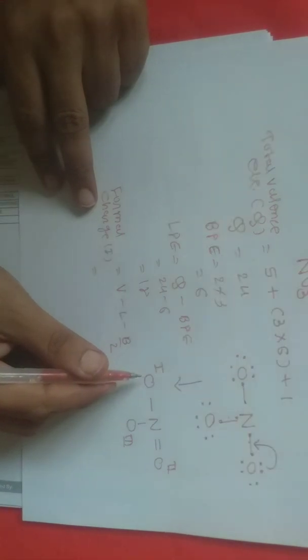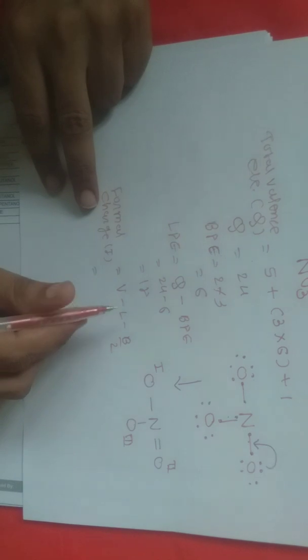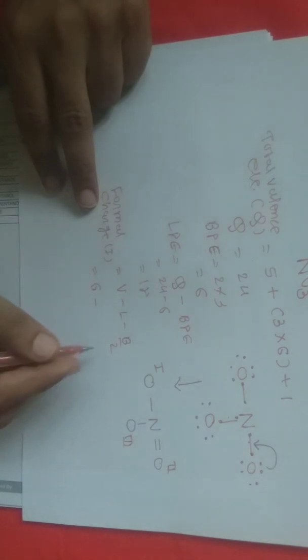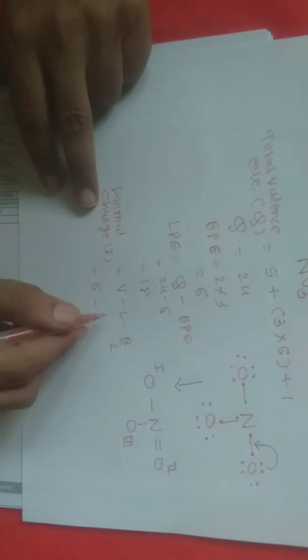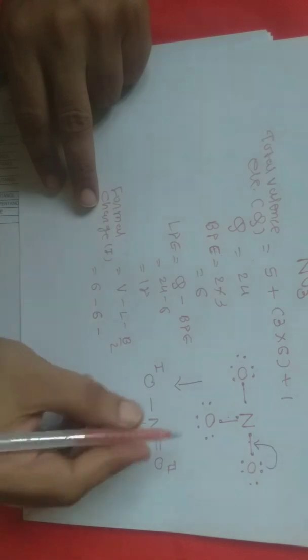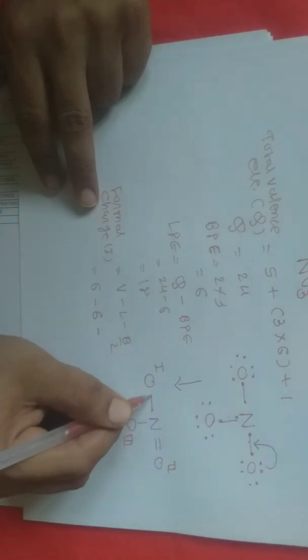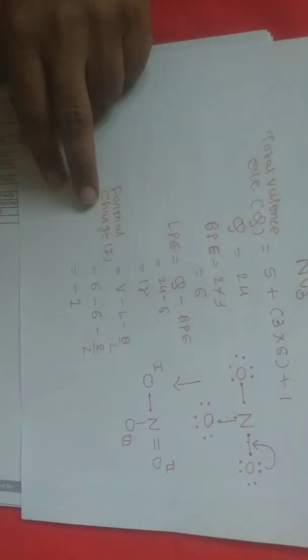So valence electron of oxygen is 6. How many lone pair electrons are there on this oxygen? There are 1, 2, 3, 4, 5, 6 lone pair electrons. How many bond pair electrons? Only 2 bond pair electrons are there. So 2 by 2. So its formal charge becomes -1. That's the -1.